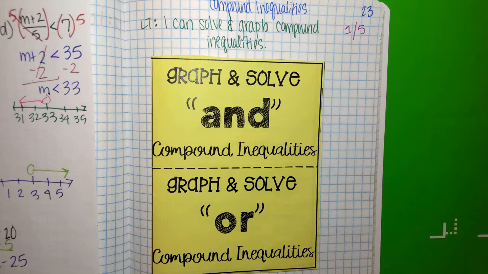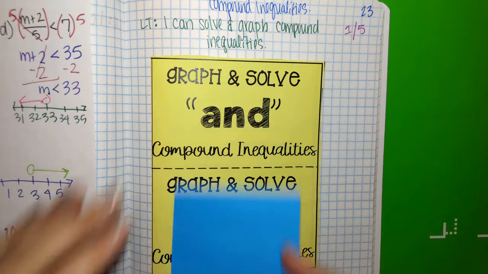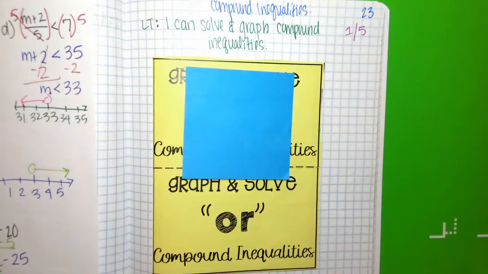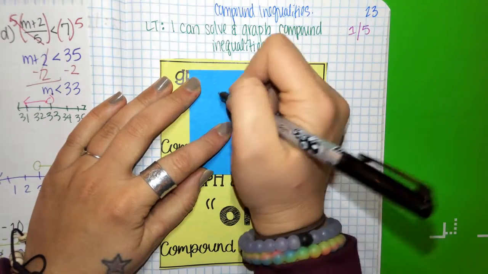Alright, so before we write anything else, I don't want you to write this down. I'm going to write a compound inequality up here, and I want you to tell me how you think we're going to solve it.